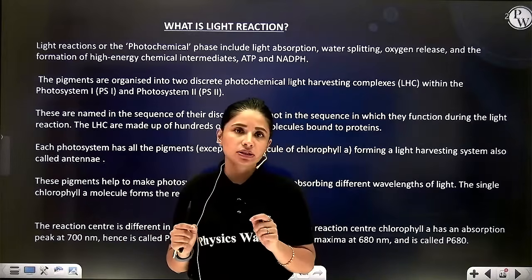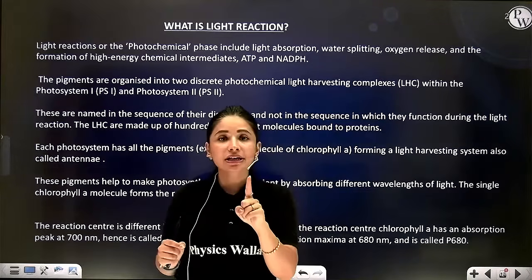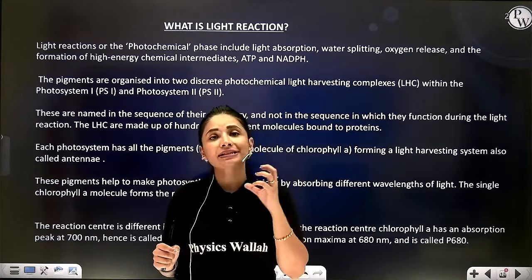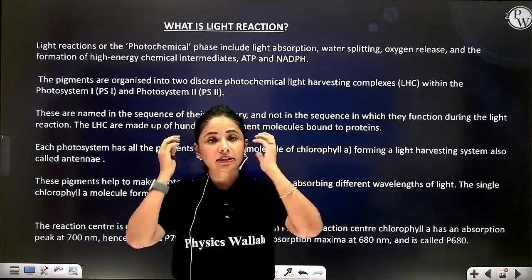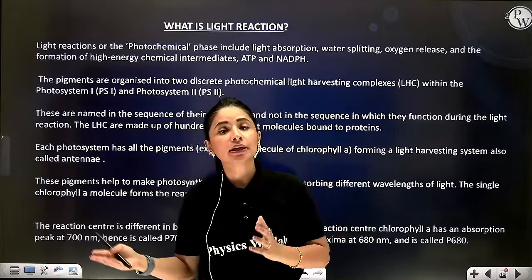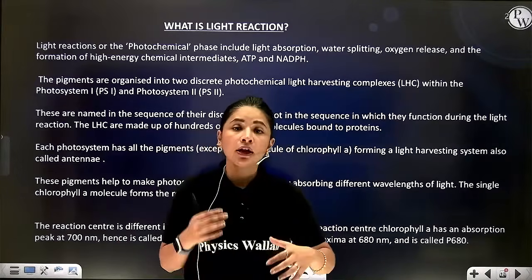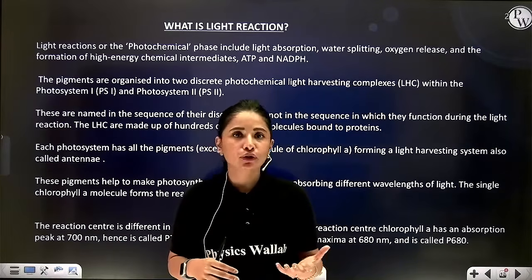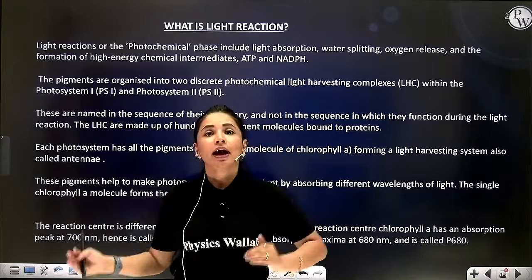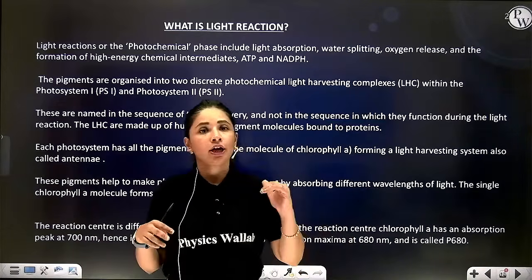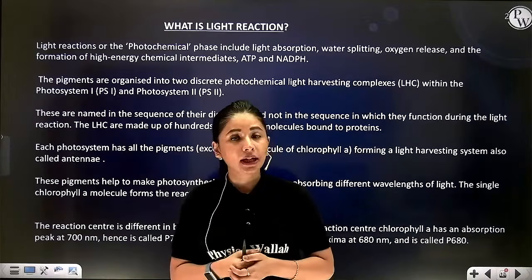Each photosystem comprises of only one chlorophyll A, one reaction center and a number of accessory pigments surrounding it. The main function of the reaction center is to absorb light and convert it into chemical form, whereas accessory pigments are responsible for increasing the efficiency of photosynthesis by trapping light of different wavelength and transferring it to chlorophyll A so that light energy can be converted into chemical form.